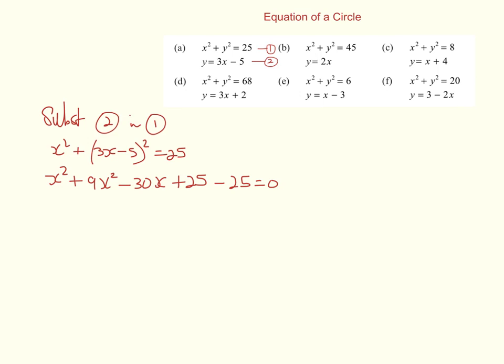So anyway, add up the bits that you can. 9x squared and x squared will give you 10x squared. The 30x we can do nothing about, so we keep that minus 30x there. And 25 take away 25 leaves you with nothing, equals nothing.